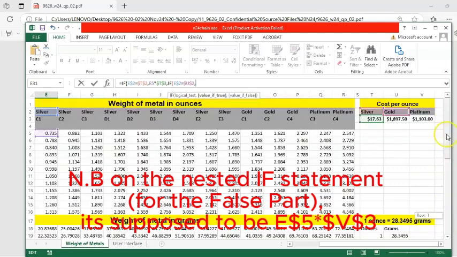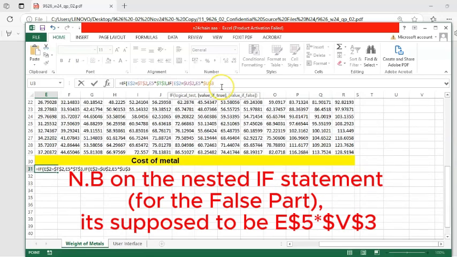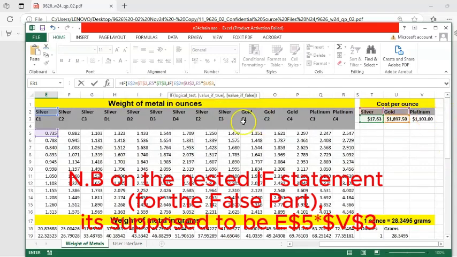We are going to multiply this cell by the gold price, and make this absolute as well. Then comma. So if it's not silver, if it's not gold, then obviously it's a platinum. So finally we are simply going to take this value multiplied by the platinum price.